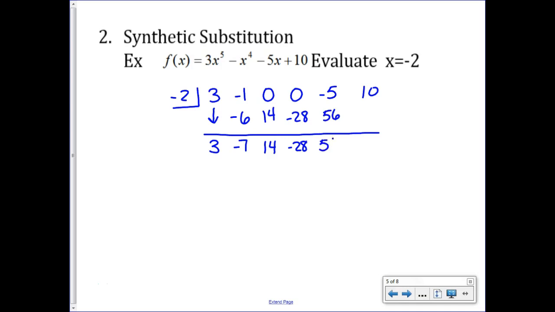That's a 51. 51 times negative 2 is negative 102. 10 plus a negative 102 is negative 92.